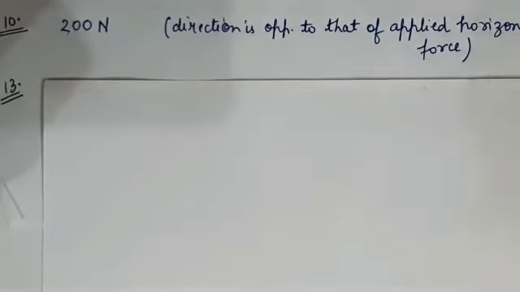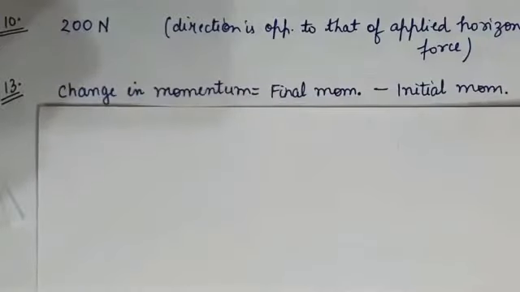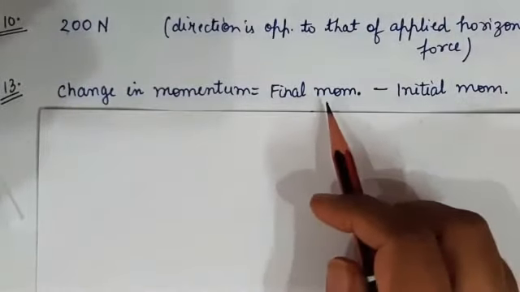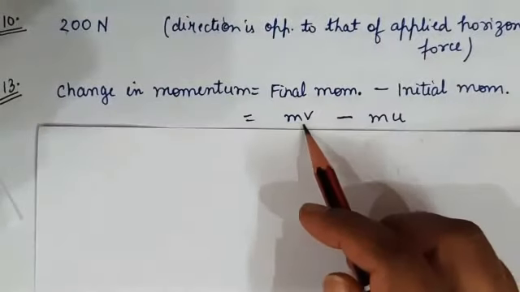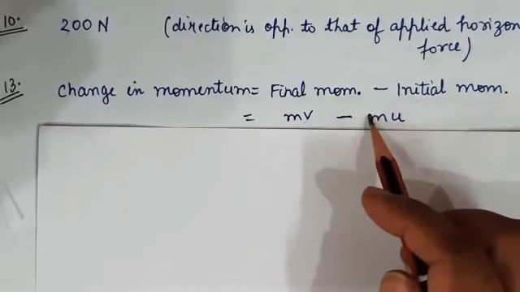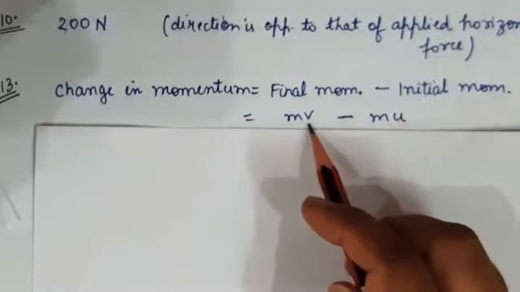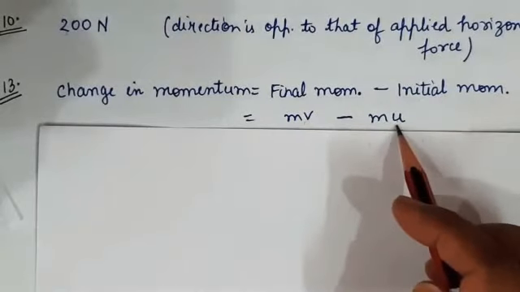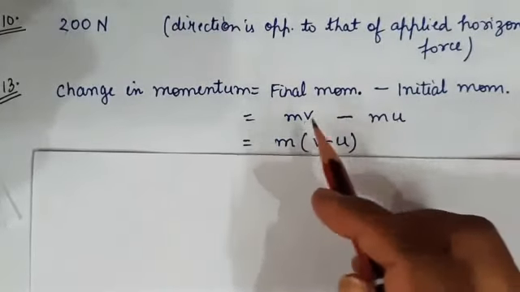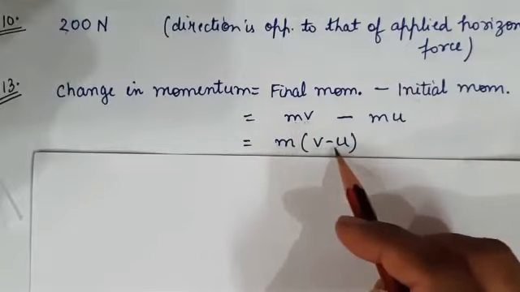You have to calculate the change in momentum. Now what is the formula to calculate the change in momentum? It is final momentum minus initial momentum. Final momentum is mv, and initial momentum is mu, where v is final velocity and u is initial velocity. So take m as common, m(v minus u).